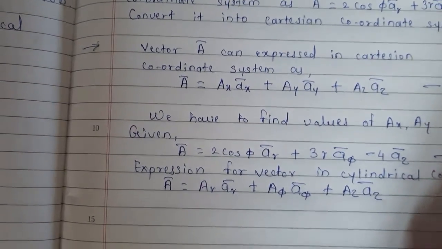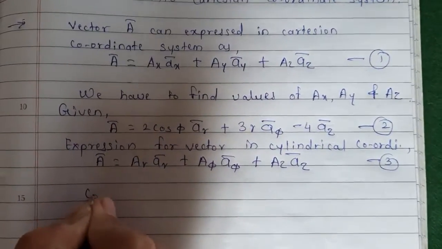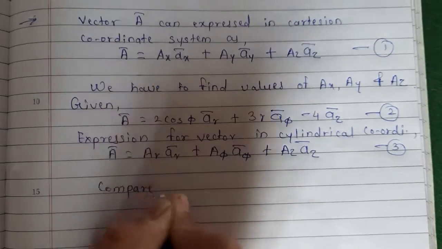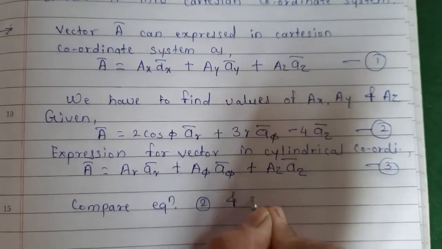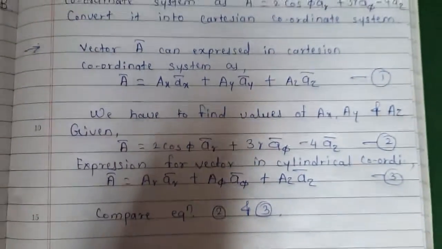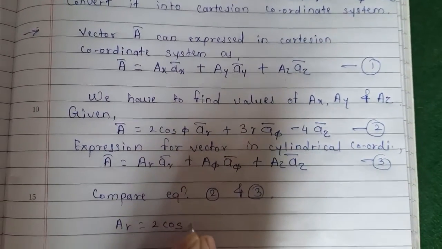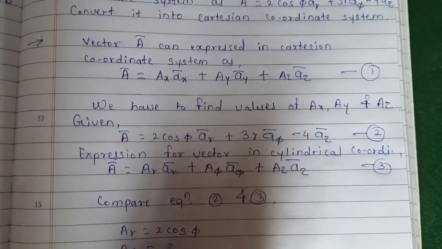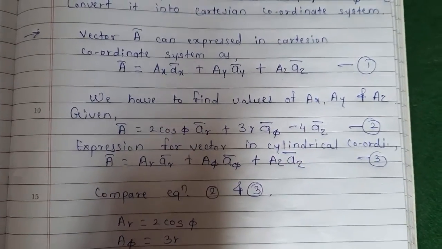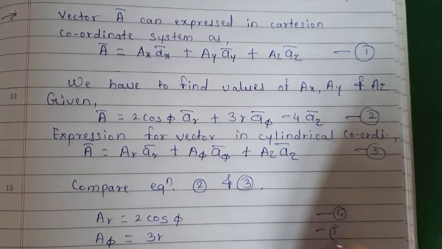This is equation number 3. So we compare equations 2 and 3. From that we get the values of ar, a phi and az. So the value of ar is 2 cos phi, a phi is 3r and az is 4. These are equations 4, 5 and 6.